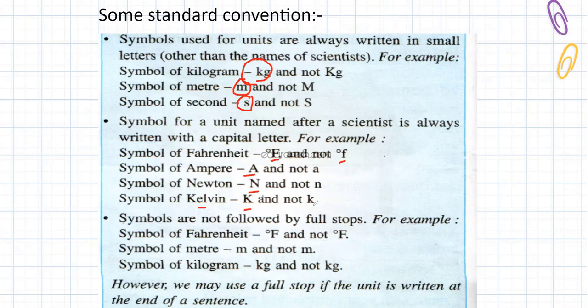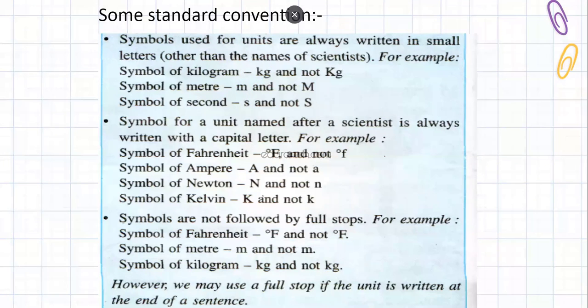Now, symbols are never followed by full stops. Fahrenheit, we write only F, not F and full stop. M, not M and full stop. Kg, not kg and full stop. But we can use a full stop if the unit is written at the end of the sentence.